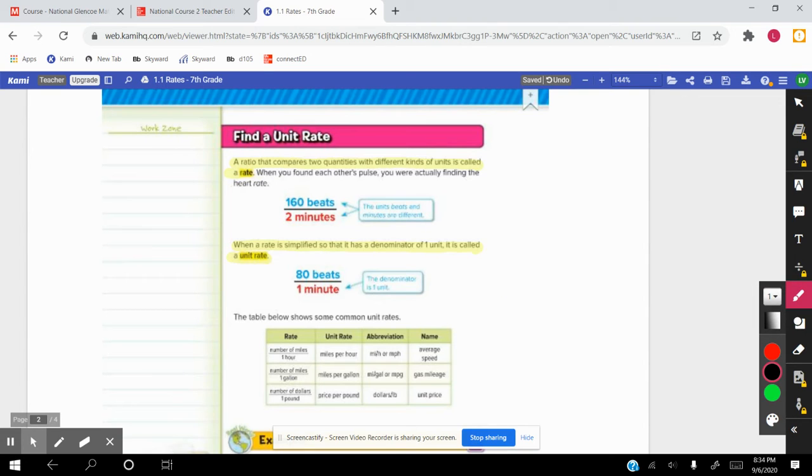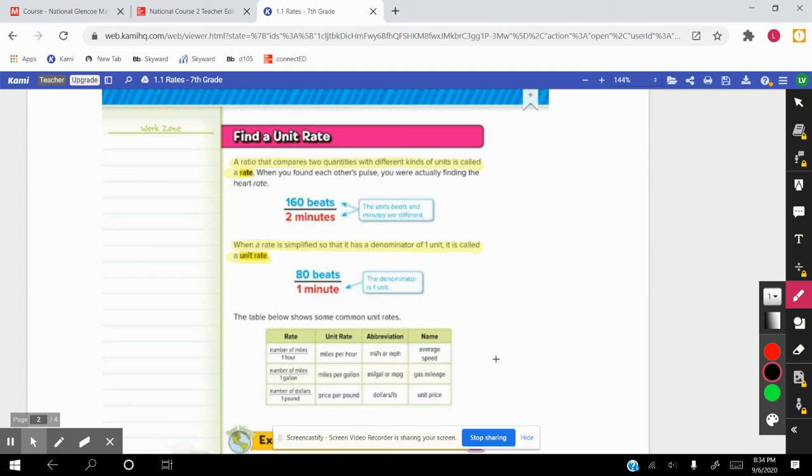All right, continuing. So we now have 80 beats per 1 minute because the denominator has 1 minute, it's just 1 unit. So the table below shows some common unit rates. The rate, number of miles per hour, the unit rate is miles per hour, the abbreviation is MPH, and the name is the average speed.